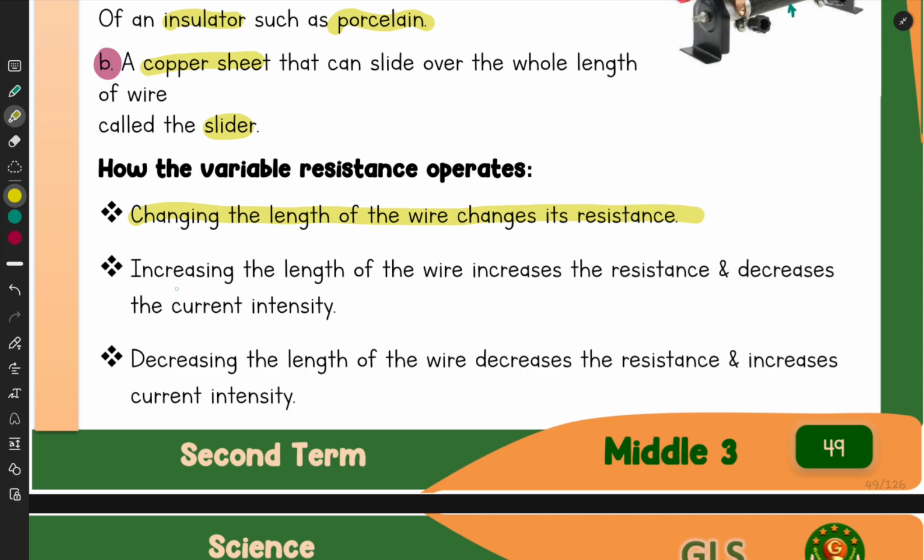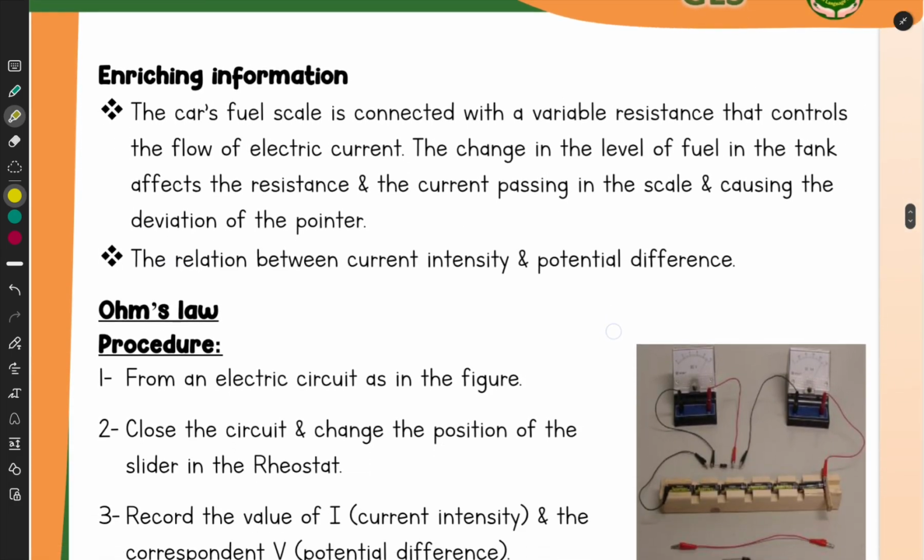It's obvious. Number two, increasing the length of the wire increases the resistance and decreases the current intensity. Number three, decreasing the length of the wire decreases the resistance and increases the current intensity, so they are inversely proportional.